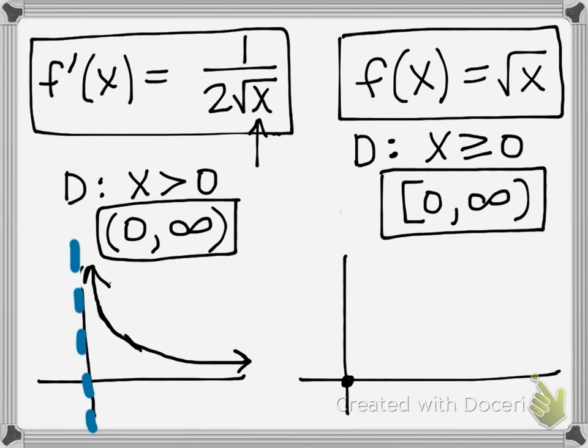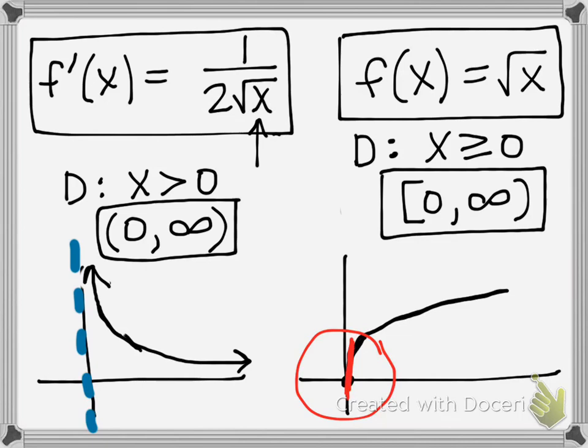And if you zoom in on the origin, the graph starts at 0, 0, but if you zoom in maybe 2 or even 3 times, you get the idea here, that near the origin, these tangent lines are becoming more and more vertical. And we know that the slope of a vertical line is undefined. So what that tells us is that at the origin, the tangent line would actually be vertical.